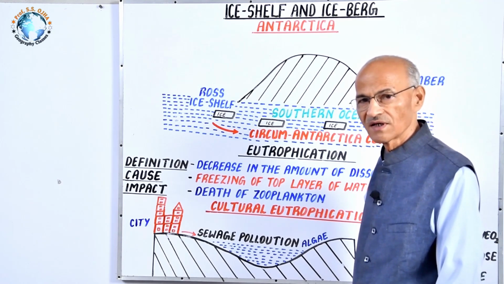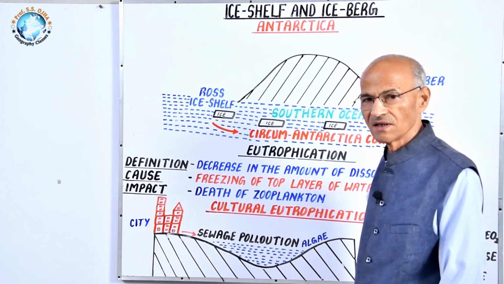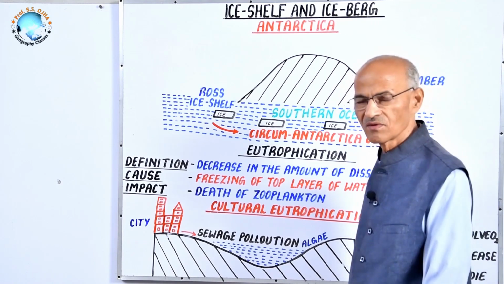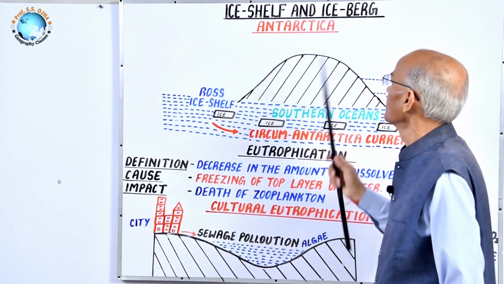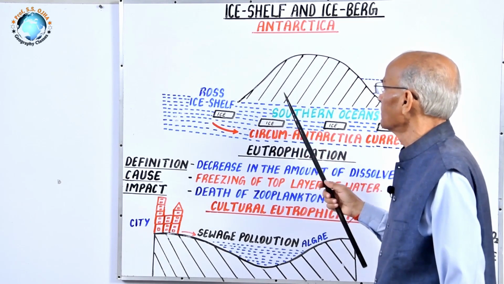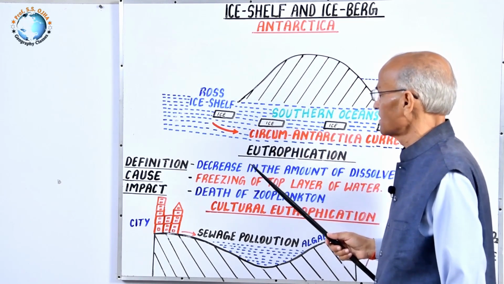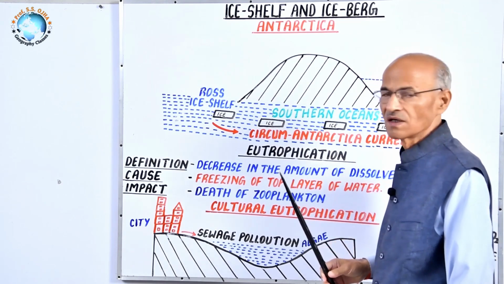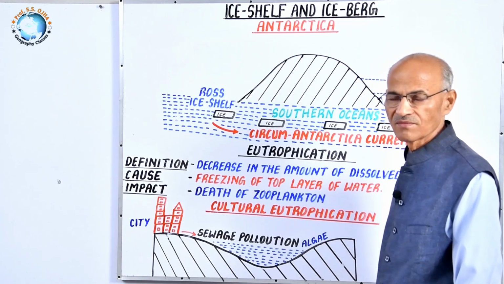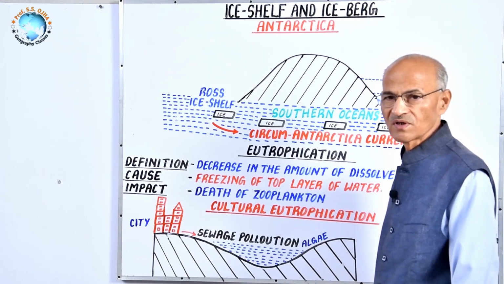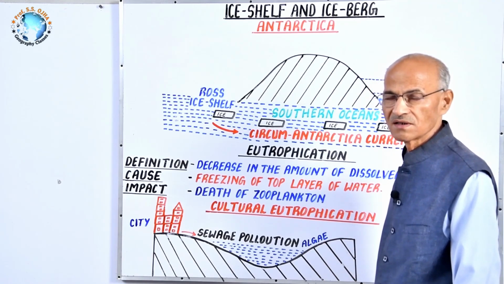But eutrophication is the process in which the amount of dissolved oxygen is decreased. This is about the ice shelf and iceberg with reference to especially Antarctica, and two related points, eutrophication and cultural eutrophication, which are very important in general studies.